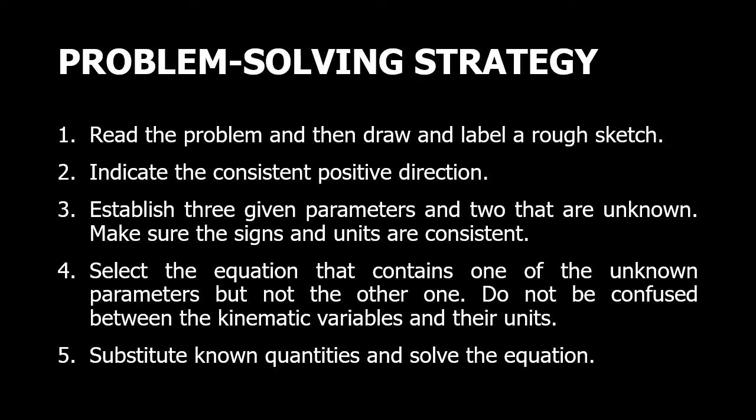As I said earlier, the formula will depend on the givens and the unknown. So, don't be confused between the kinematic variables and their units. Number 5, lastly, substitute the givens and do the math in order to solve the problem.